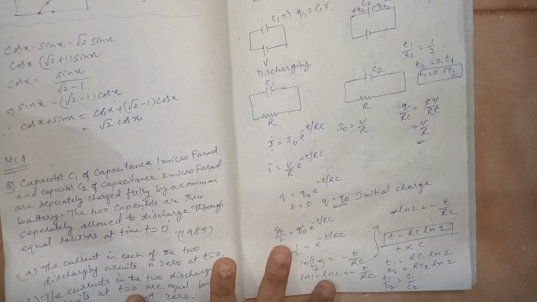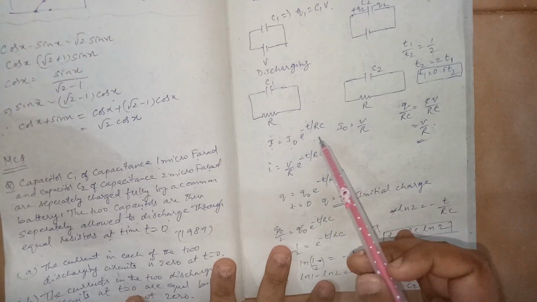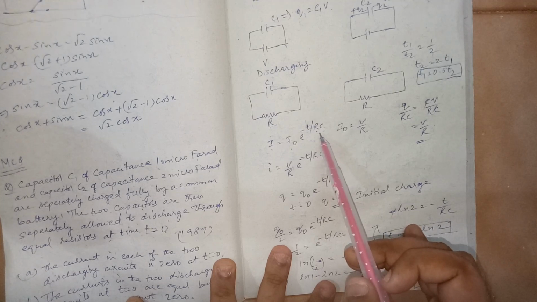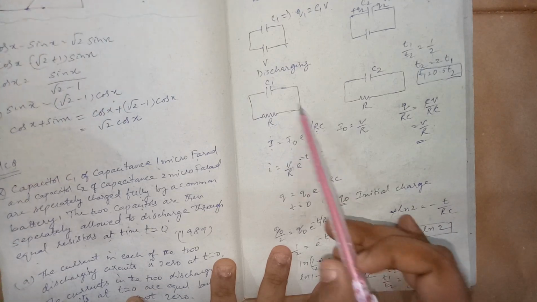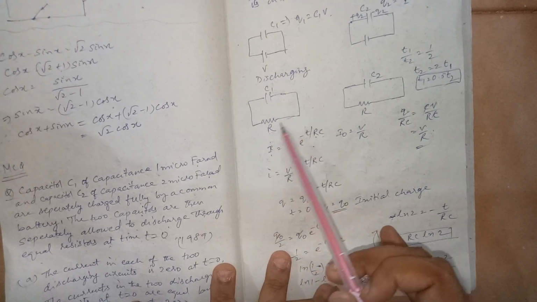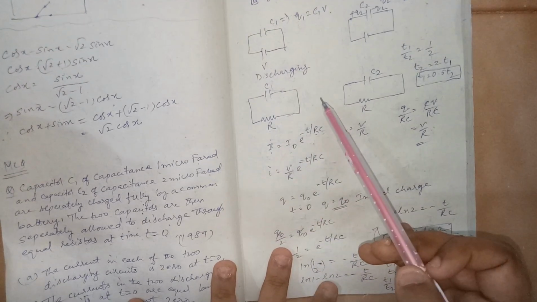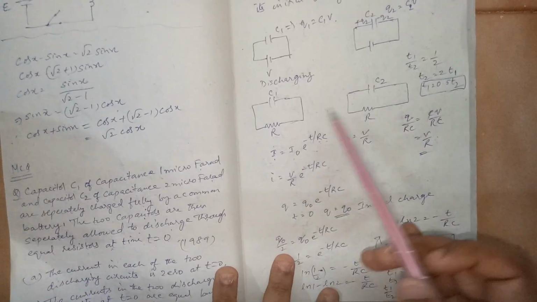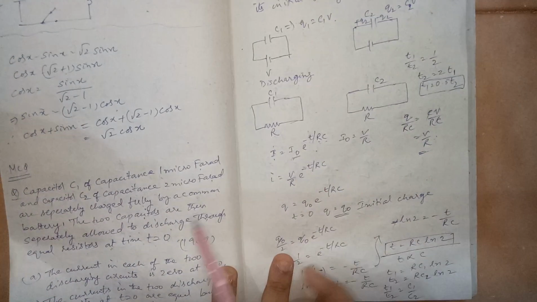We have derived that also in the class. So this RC is the time constant of the circuit. If you are taking the first circuit, it will be R into C1. If it is the second circuit, it will be R into C2. Now what is this I0?